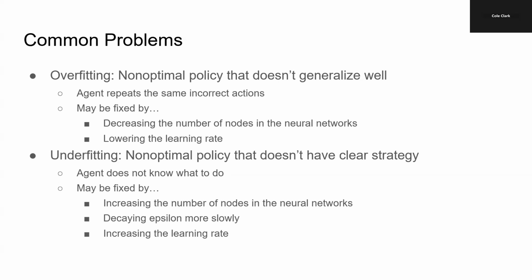Decaying epsilon more slowly may also help, since the agent will be encouraged to explore its environment more while training. Increasing the learning rate may help the agent avoid underfitting by giving each move a larger impact on the policy. If the agent is underfitting on its environment, it is also possible that more training is needed to create the policy.